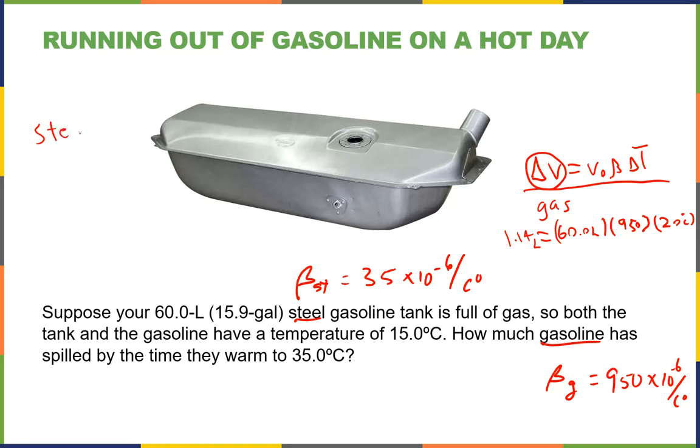And for steel, same equation. We got 60 liters and 35 times 10 to the negative 6, times 20. We got 0.042.